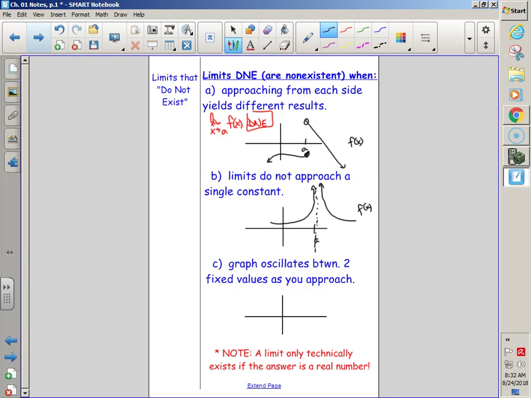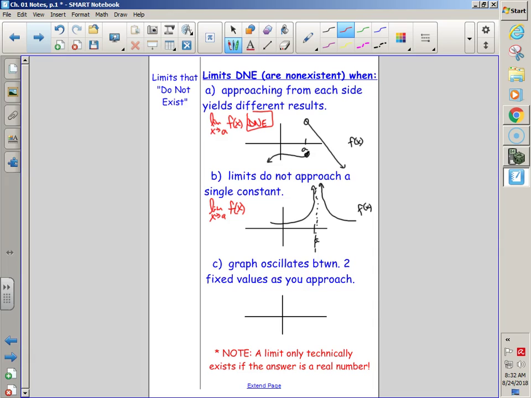If I was to say the limit as x approaches a, here's the dilemma. According to the paragraph at the very beginning of section 1.2, the informal definition, the limit only exists if the f of x values are approaching a single, what's the rest of it say?